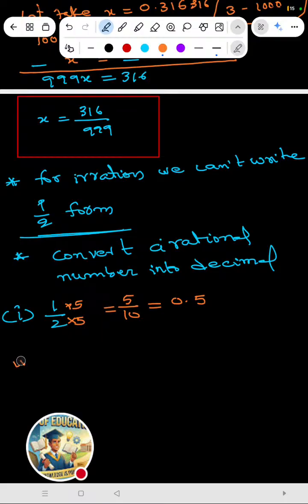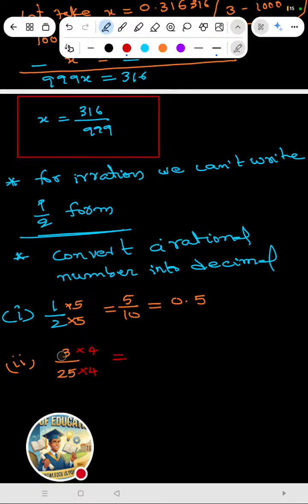Now the second number, take 3 by 25. Here 25 is there, and this 25 we can make 100. Multiply by 4 below, and above also 4.